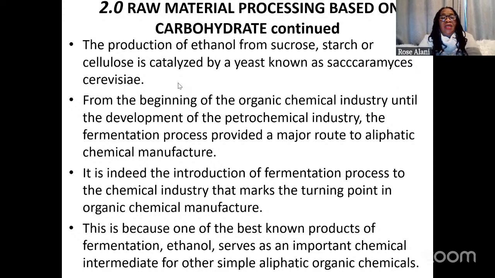So it's the introduction of fermentation to the chemical industry that marked the turning point in organic chemical manufacture.